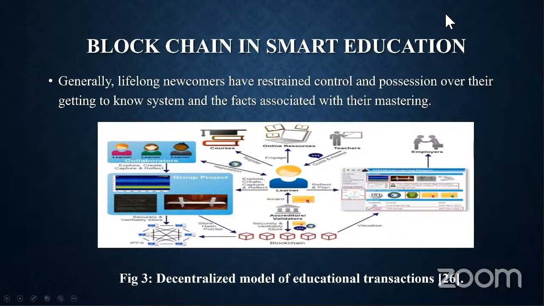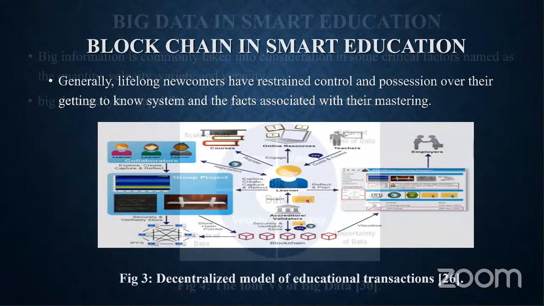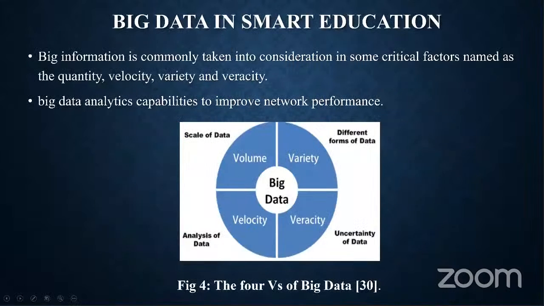Here is big data in smart education. Big data is commonly considered in terms of critical factors named volume, velocity, variety and veracity, where volume is the amount of information to be analyzed, velocity is the rate at which data flows, and variety is the variations of data received from different sources, maybe in different formats like structured and unstructured data.